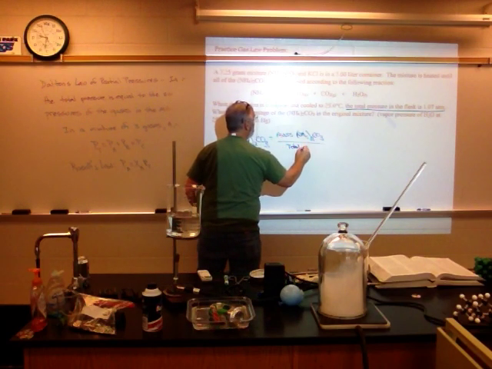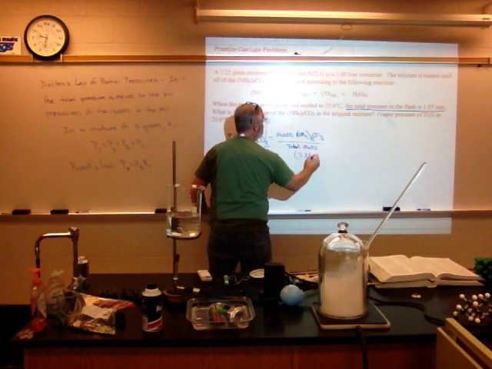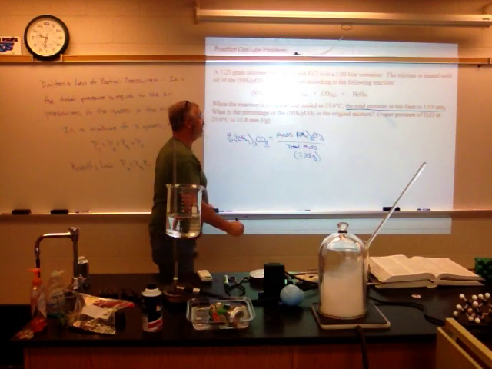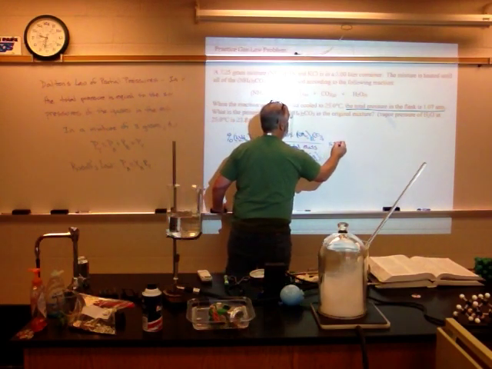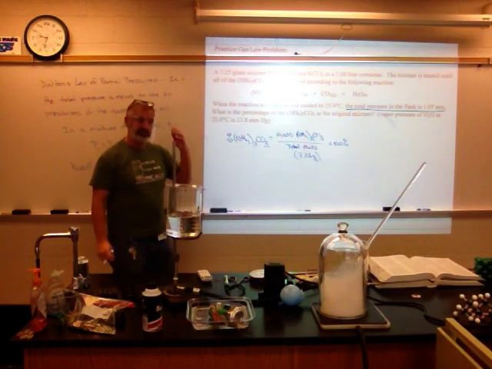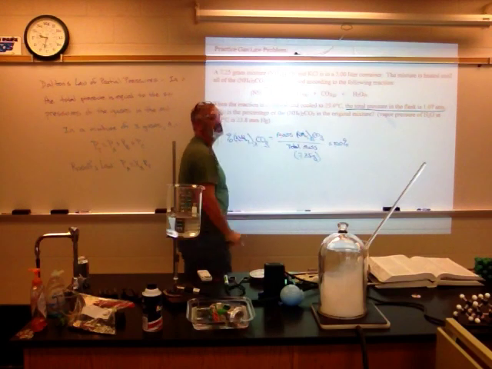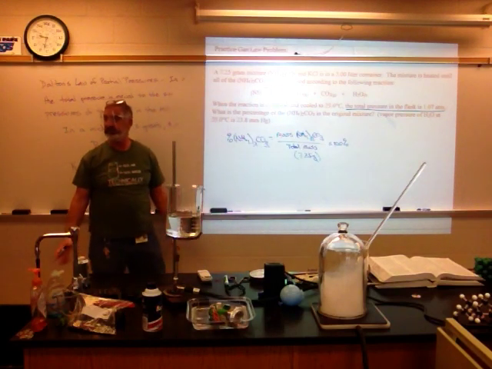But do we know that total mass? That's the 7.25 grams, right? And then it's going to be times 100 to put it in percent. So what's the only thing we really have to find? The mass of this right here. How much of this reacted? That's really my ultimate question.